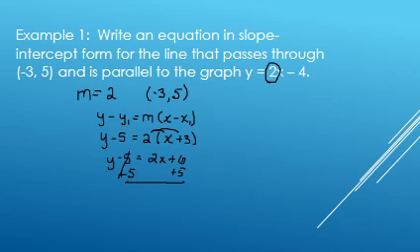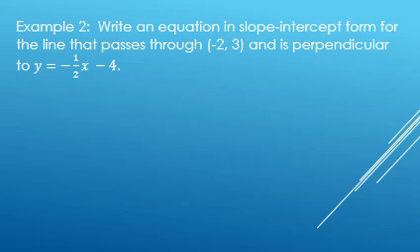And our final answer is y equals 2x plus 11. That equation of the line is parallel to this one right up here, y equals 2x minus 4, and it does have the point -3, 5. Okay, so let's go ahead and try another one.